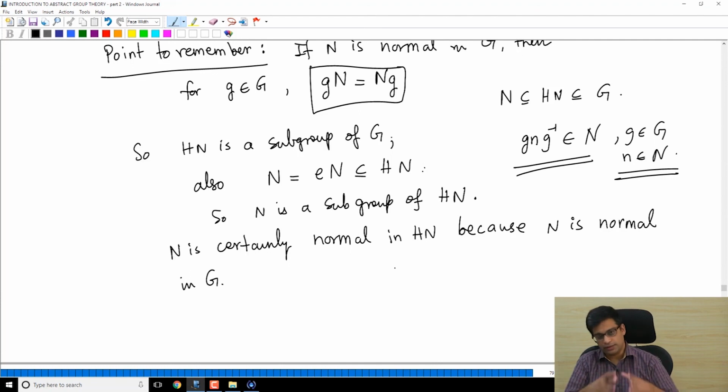So if you have a subgroup which is normal in the ambient group G, then it will be normal in any other subgroup that contains it. So this proves 2.